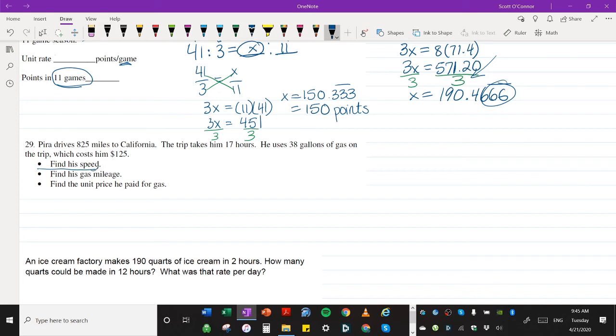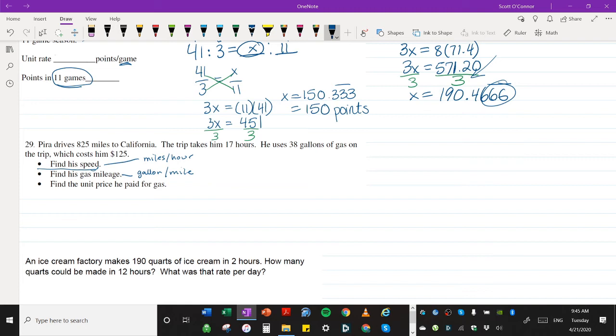When we talk about speed, speed is usually either miles per hour in the US or kilometers per hour. Gas mileage is miles per gallon. Oh, sorry, I first said gallon per mile; this should be miles per gallon.